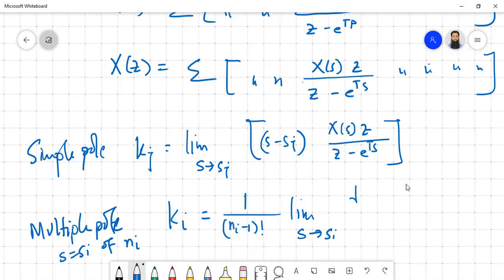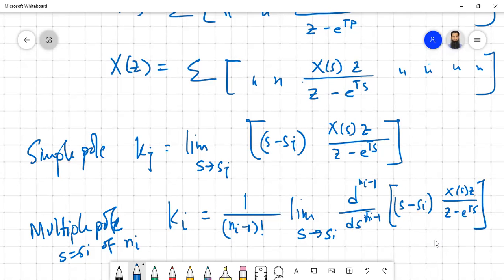But before that, you have to take the differentiation with respect to s, of order Ni minus 1, of (s minus Si) to the power Ni multiplied with the whole function that we have, z by z minus e to the power ts.